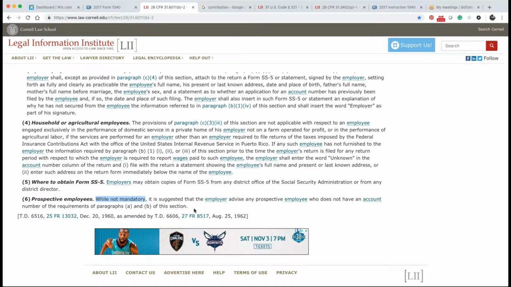You don't have to give it to them, because they gave alternatives to giving up that number. And here it is. File returns, taxes imposed by federal, with the Office of the United States Revenue Service in Puerto Rico. So all of these employers are filing returns in Puerto Rico with your wages.